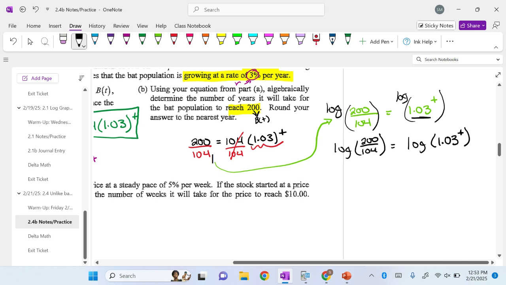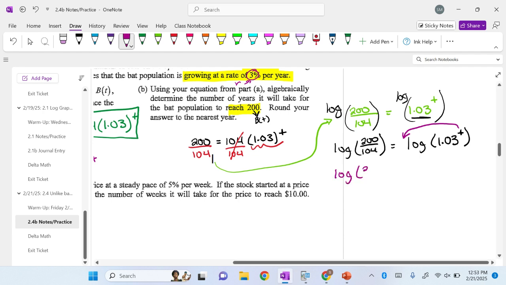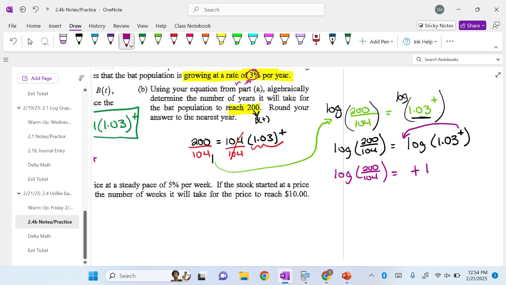What do I need to do? Move the t to the outside of the log. We've got to move the exponent to the front of that log. So it's the exact same thing that we've been doing, guys. It's just written on different sides of the equal sign. So don't let that throw you. So this is log of 200 over 104 is equal to t log of 1.03.